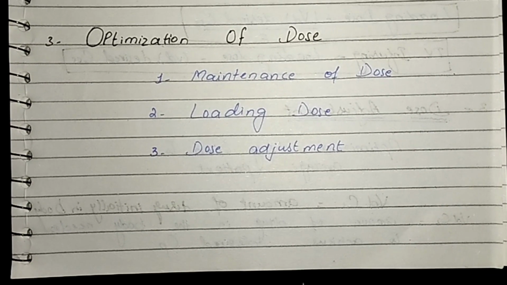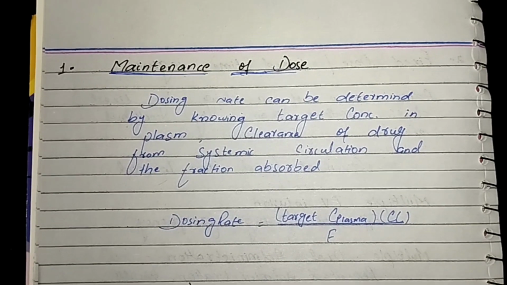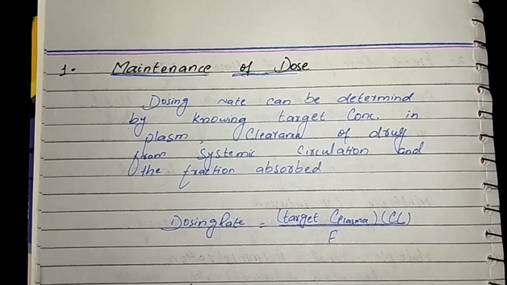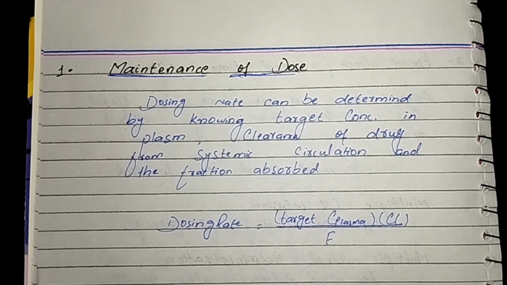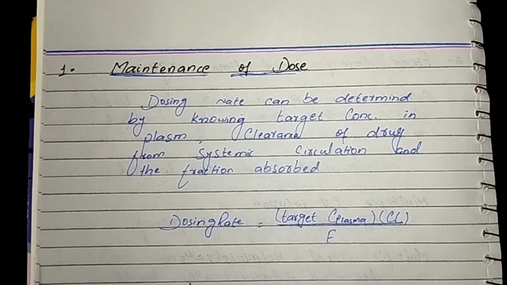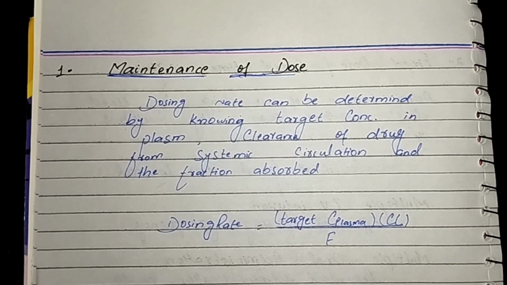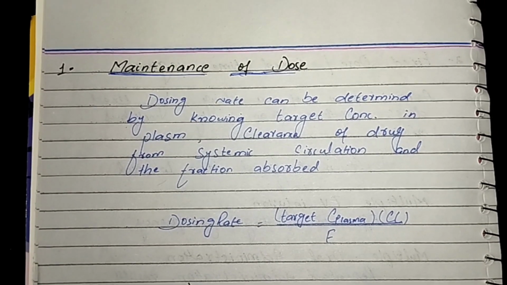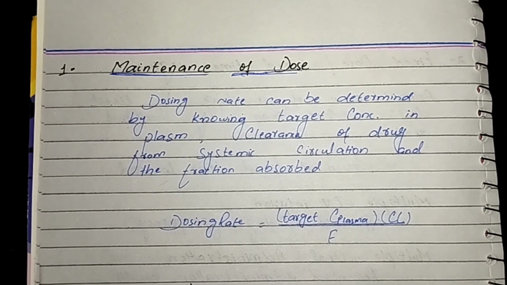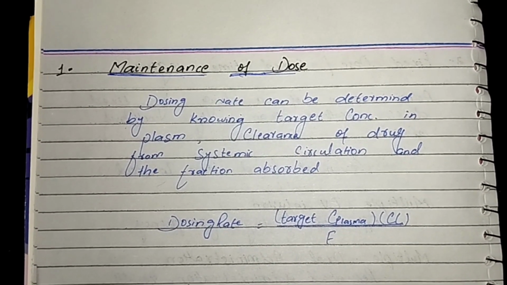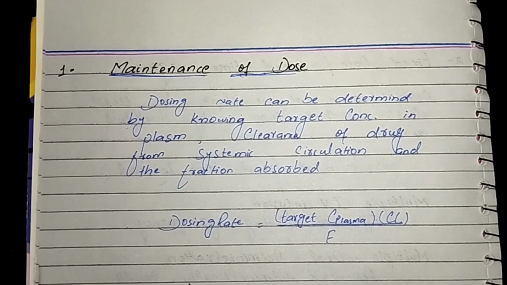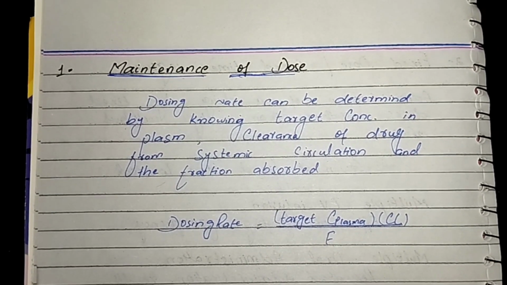Now we move towards the maintenance dose. Drugs are generally administered to maintain a steady state concentration within the therapeutic window. To achieve a given concentration, the rate of administration and the rate of elimination of a drug are important. It takes 4 to 5 half lives of a drug to achieve steady state systemic concentration.